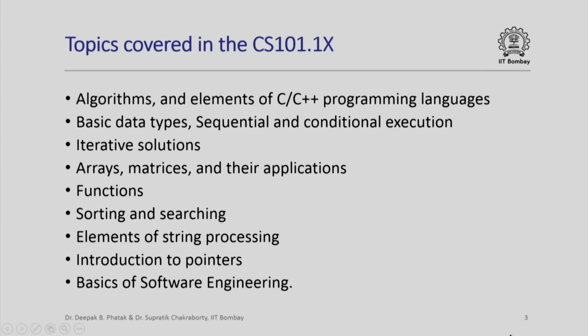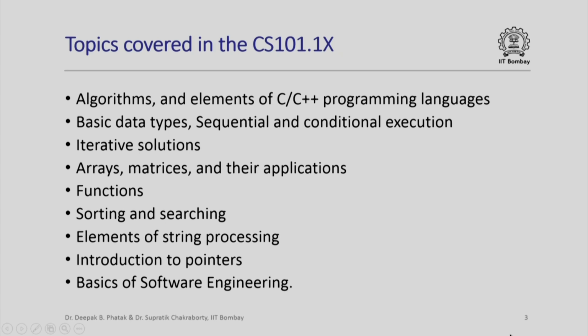We studied functions and how to use them as part of larger programming problem solutions. We spent a week on understanding sorting and searching. We studied string processing as is done in classical C style, but using the C++ programming language. And we concluded with basic concepts of software engineering.